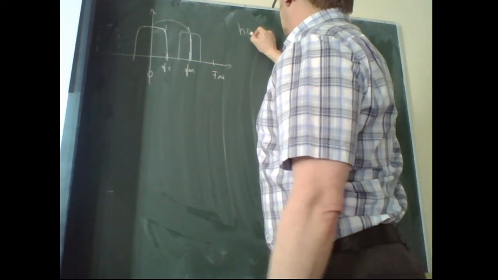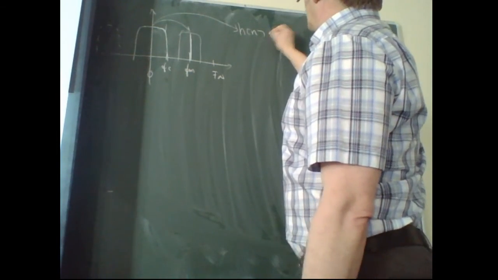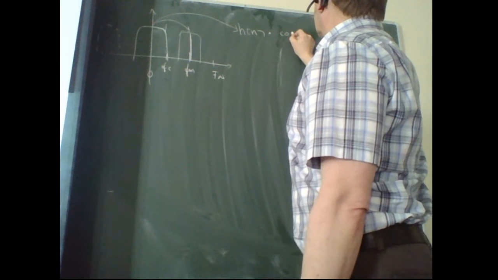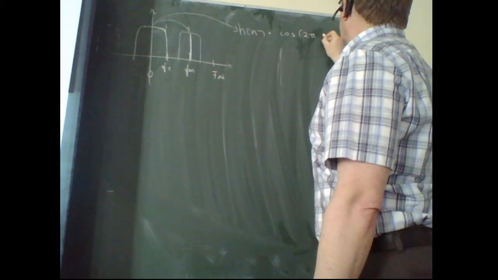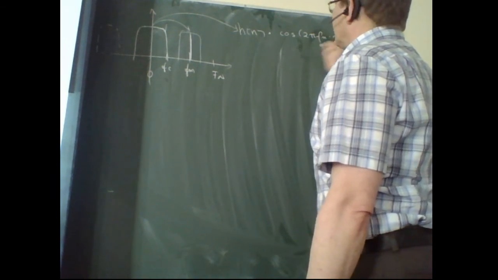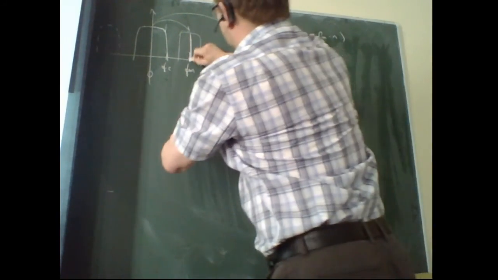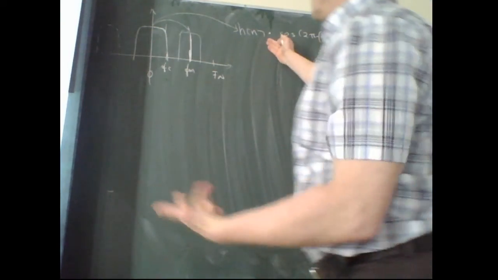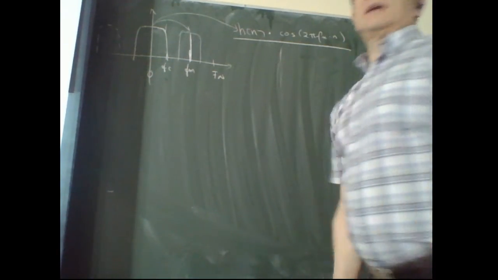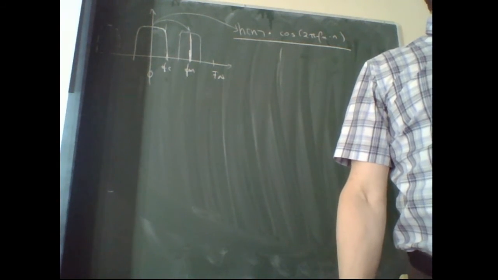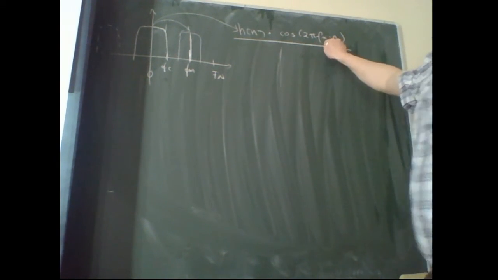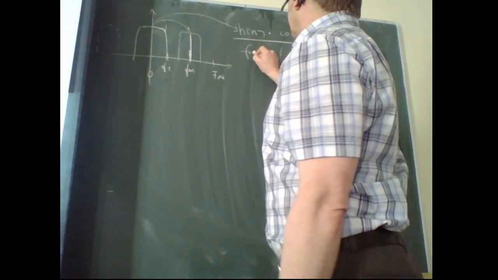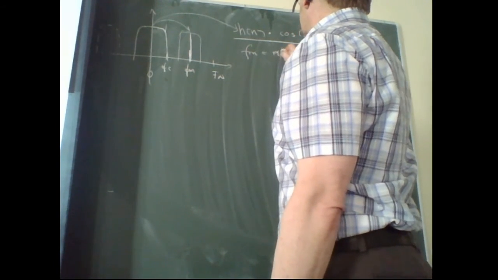Well, this is still the h of n here. But if you multiply it with a cosine of 2 pi Fm times n, this part is just this single peak on the spectrum. Okay, so this one now is a band pass filter with a center frequency of Fm. So that's the modulation.